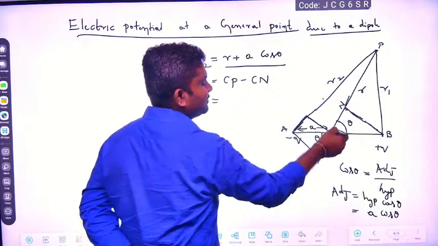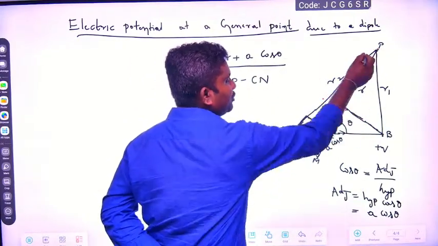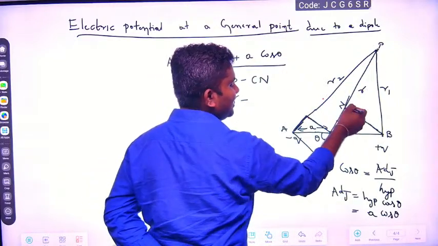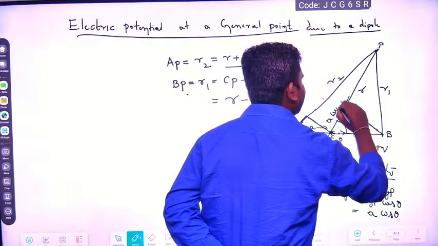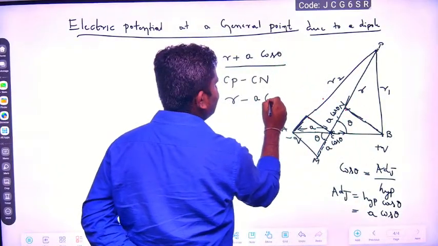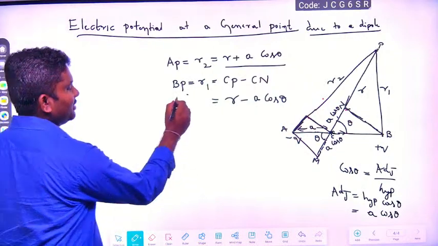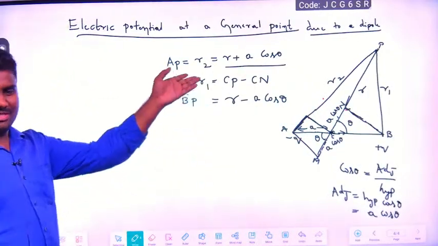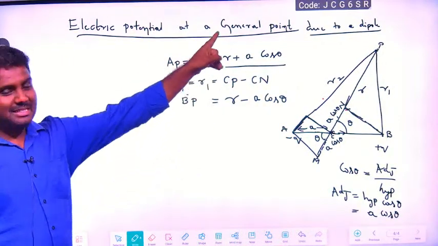What is CP? R. Total from C to P is R. Minus, what is CN? CN is, again, this is also A cos theta. Okay, this is what? BP. BP is R1, which is R minus A cos theta. AP, R2 is R plus A cos theta.